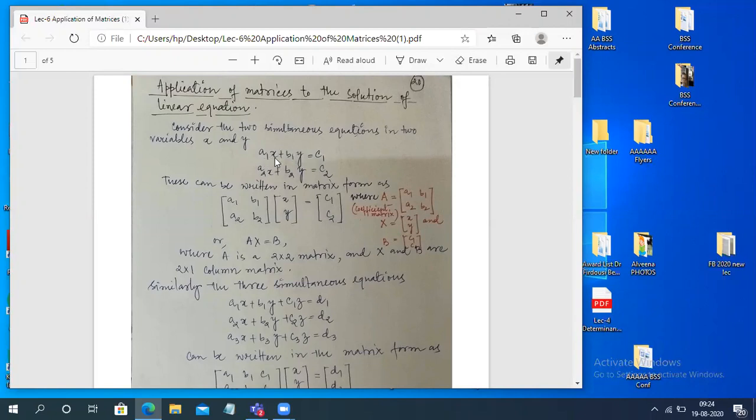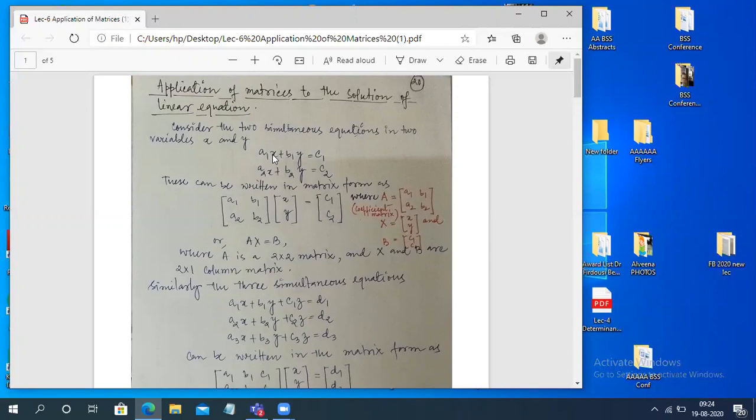Now first, the given equations a1x plus b1y equal to c1 and a2x plus b2y equal to c2 can be written in a matrix form, where the matrix called the coefficient matrix is formed with the coefficients of the variables x and y.